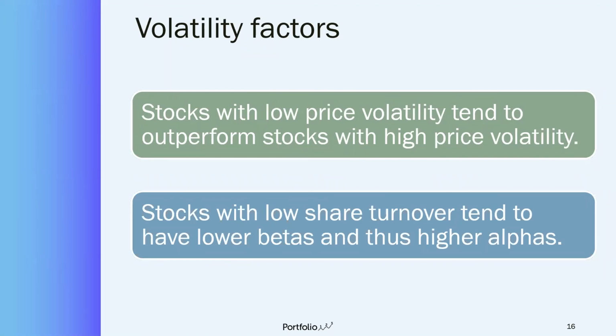Now, stocks with low share turnover tend to have lower betas and thus higher alphas, which also leads to high performance. Share turnover is simply the volume traded divided by the number of shares available. Now, stocks with low beta tend to have high alpha and vice versa. This is a total contradiction of the capital asset pricing model, but it's the truth. And it's been known since the early 1970s.